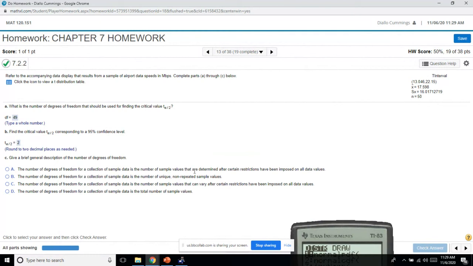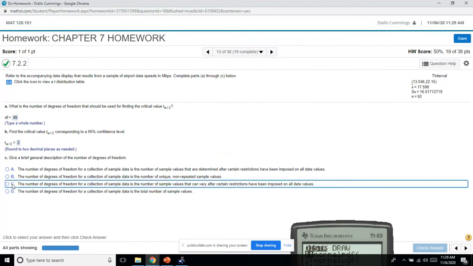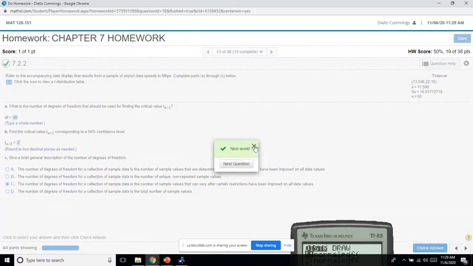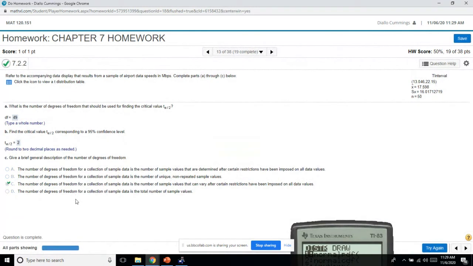This statement does not contain "that can vary," after certain restrictions have been imposed on all of the data points. So our correct interpretation here should be C. Okay, so again, you can align this with page 318, and you can see how this interpretation lays out.